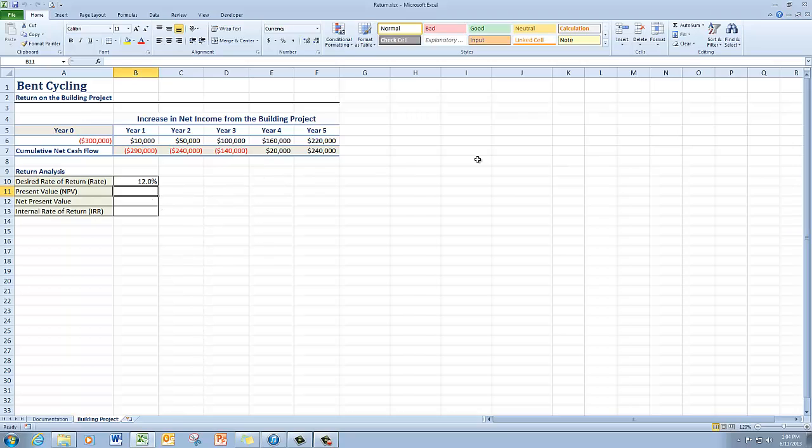So net present value has to do with the time value of money, and the reasoning behind it is that if you have a given amount of money today in your pocket, for example $100, it's going to be worth more than $100 that you might obtain in 6 months or a year.